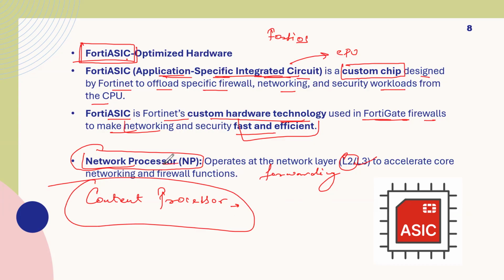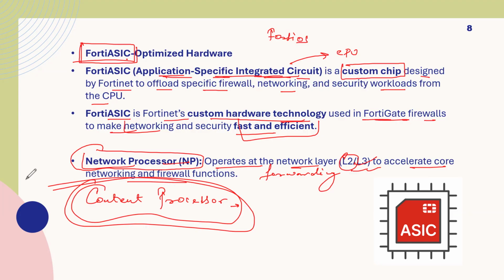So the network processor is responsible for forwarding the traffic, and the content processor is responsible for what is being forwarded. Is it going to contain any malicious threat or not? All of that comes under the content processor. Network processors operate at the network layer, layer 2 and layer 3, to accelerate the core networking and firewall functions.